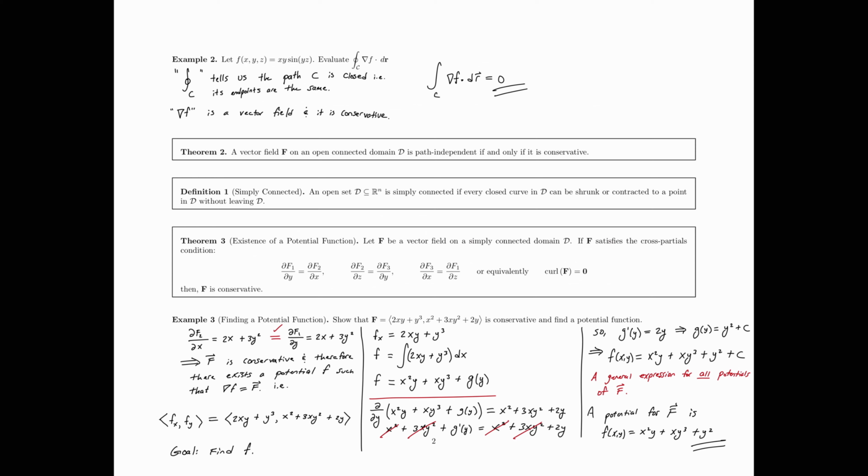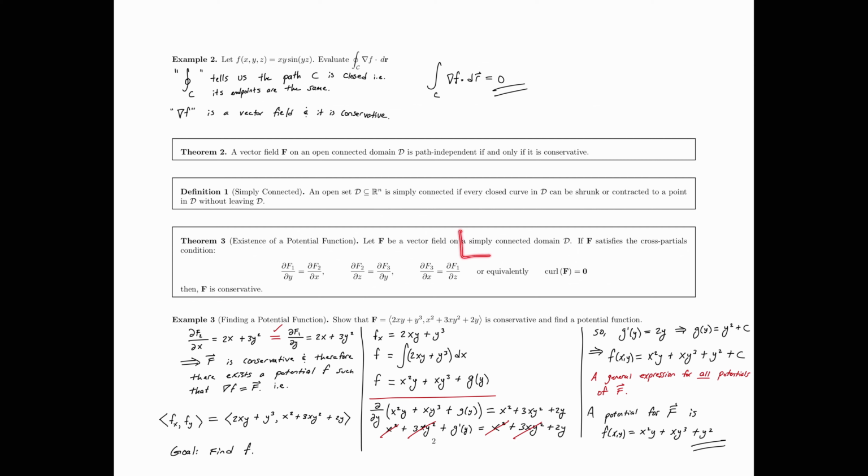Okay, we've got a vector field, so that's satisfied. On a simply connected domain, we didn't talk about this in our problem. If f satisfies the cross partials condition, which ours did, right? We satisfied that, then f is conservative.